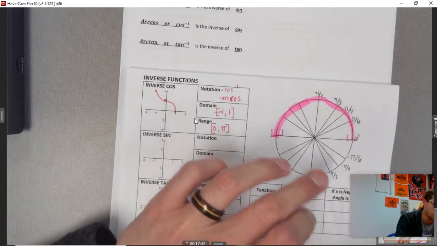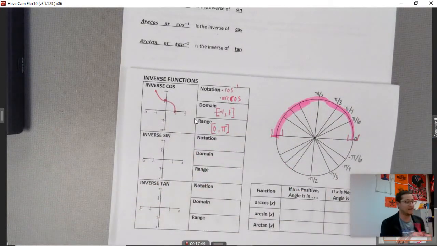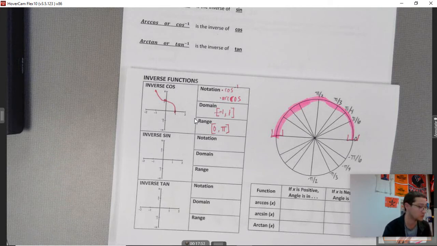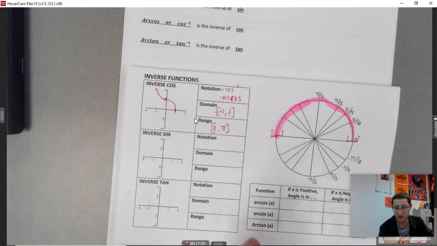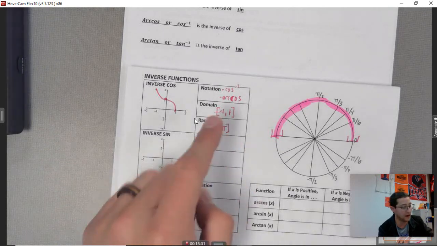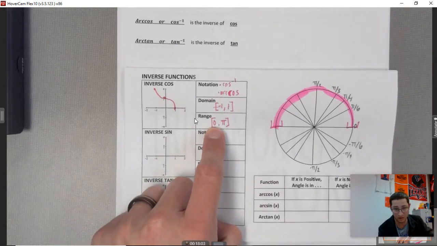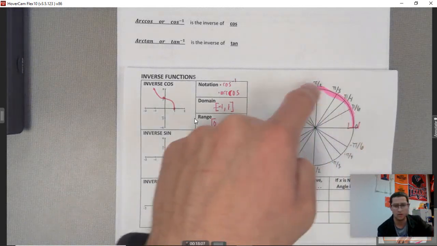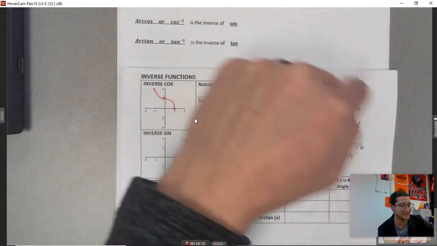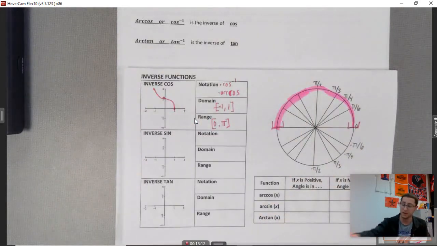In other words, if I'm looking for an output, those are my only options. If I put in anything for inverse cosine, first of all, it has to be within that domain for it to be defined, but the only outputs allowed are from 0 to pi. We'll get into the details later, but for now, inverse cosine exists in here.